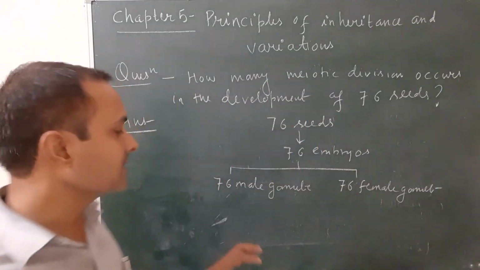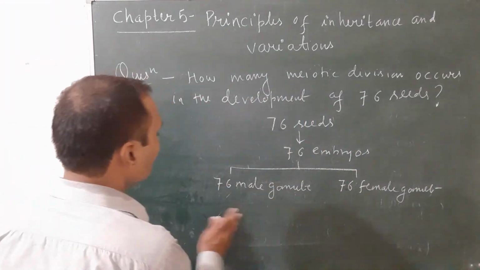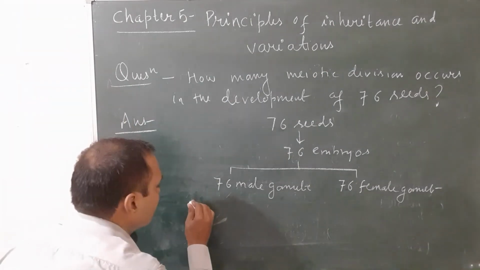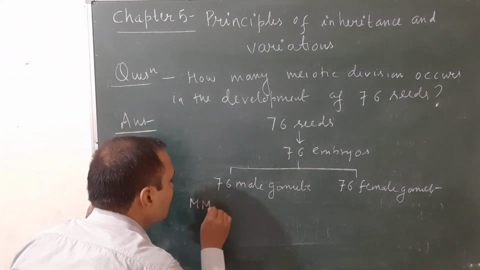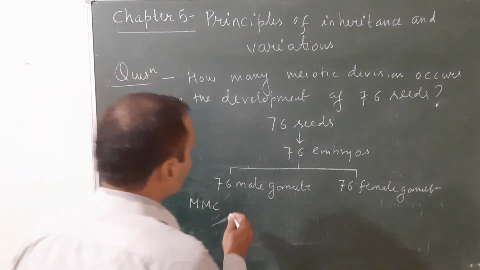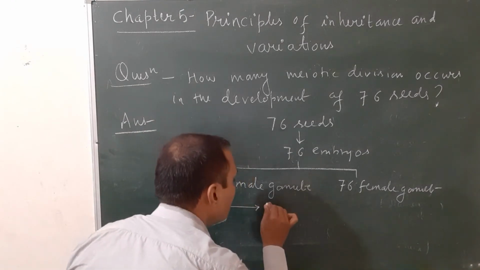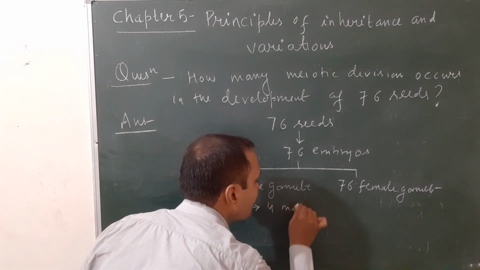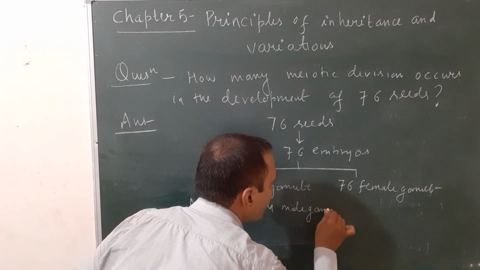Male gametes are produced from the cell known as the microspore mother cell, and each microspore mother cell gives 4 male gametes, all viable.